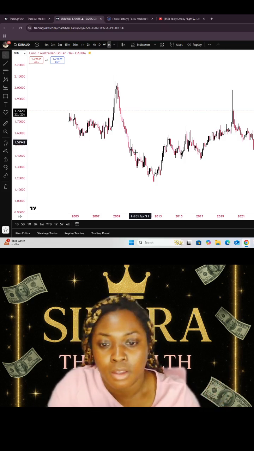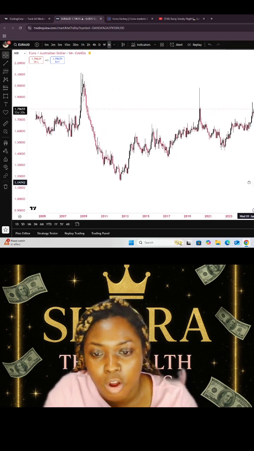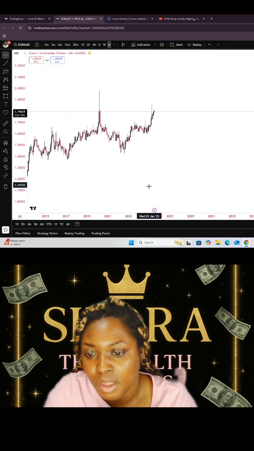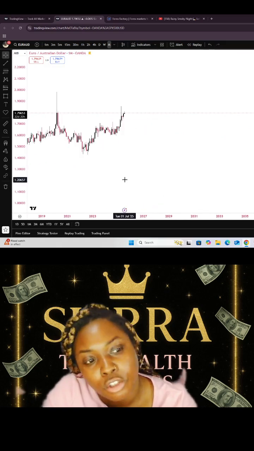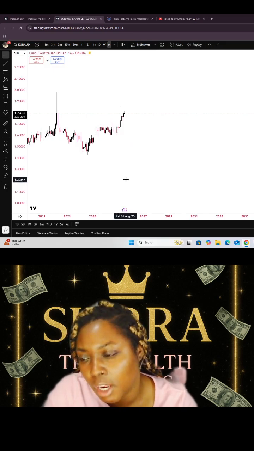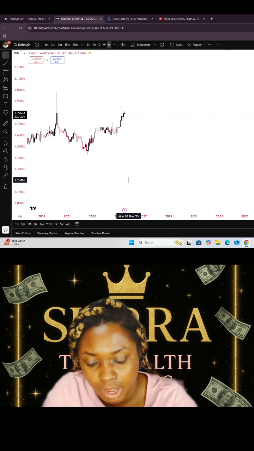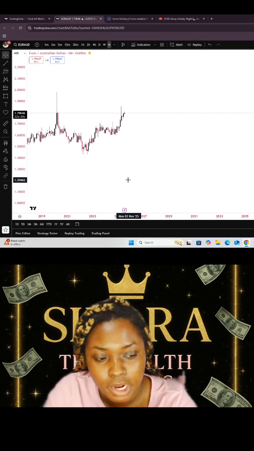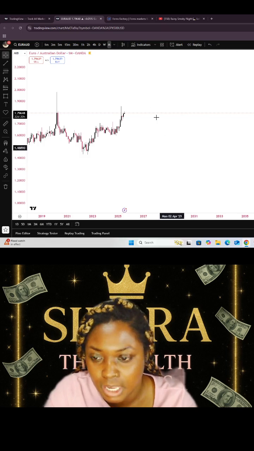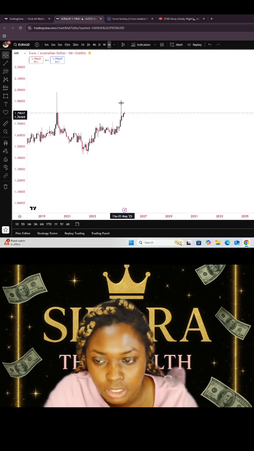Okay. All right. So I'm going to start on my monthly time frame, and I'm going to start closest to price. And I just want to look on my chart and look for areas that the market has already rejected. Okay. So looking at this monthly time frame, I can easily see that the market rejected this area.